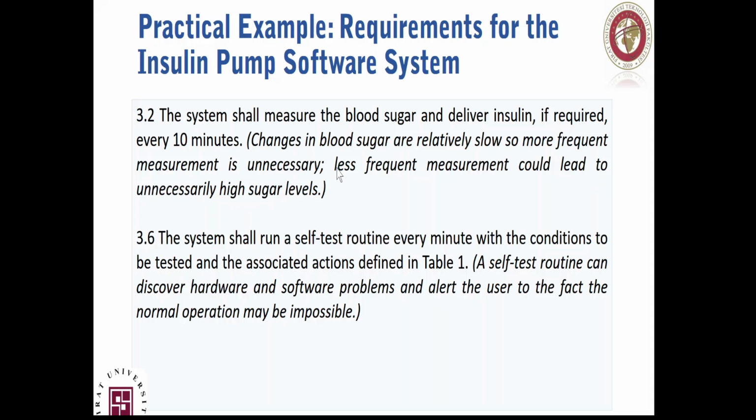That means if you go for higher than 10 minutes, 15, maybe 20, maybe 30 minutes, we may miss maintaining the necessary sugar levels in the blood. And that is the rationale of the requirement here.